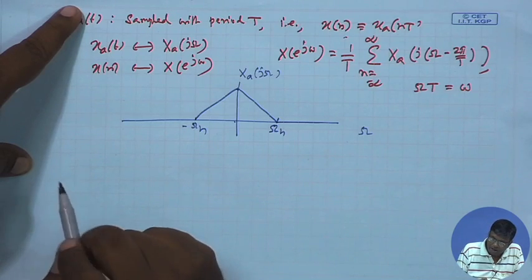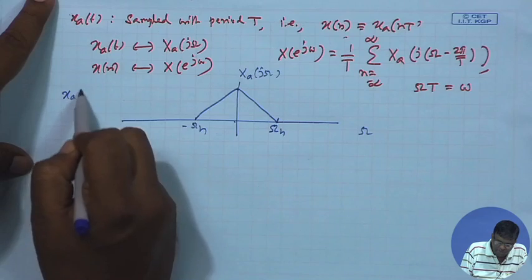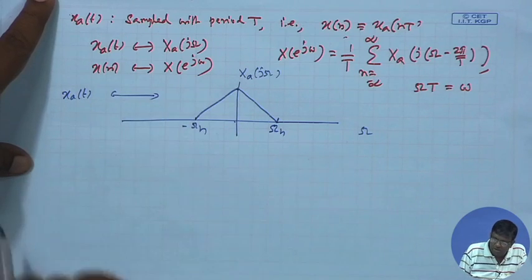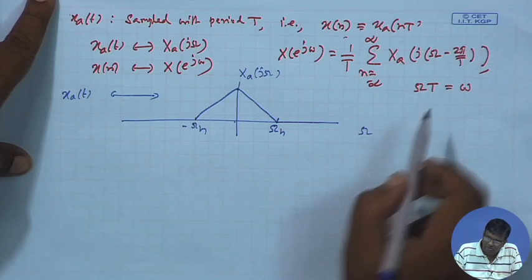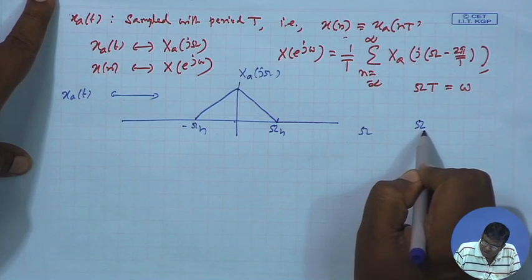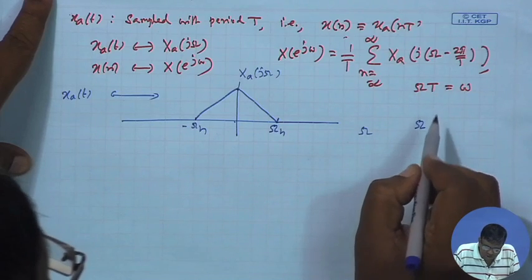Okay. And now, suppose I am sampling it, these are x_a(t), we are sampling it at a period capital T. Sampling frequency, so long I used the term omega naught.